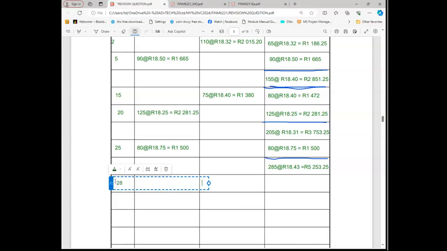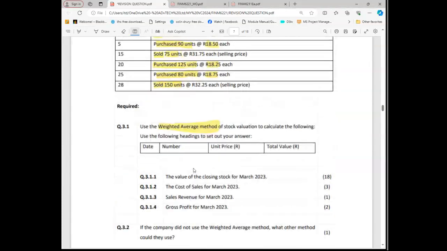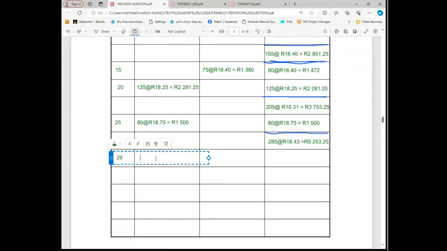Please go up. 150 units. Price? The price is 18 rand 43 cents.